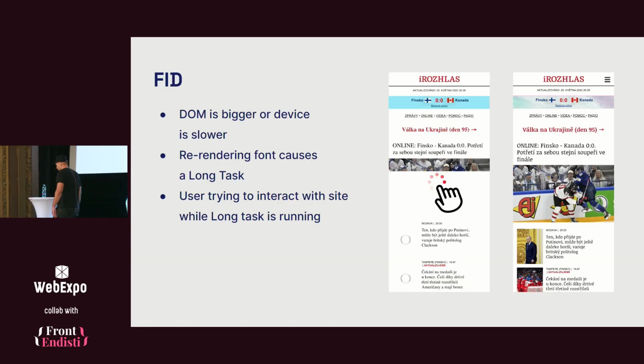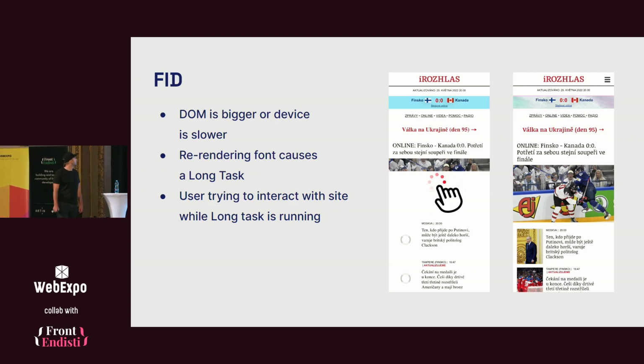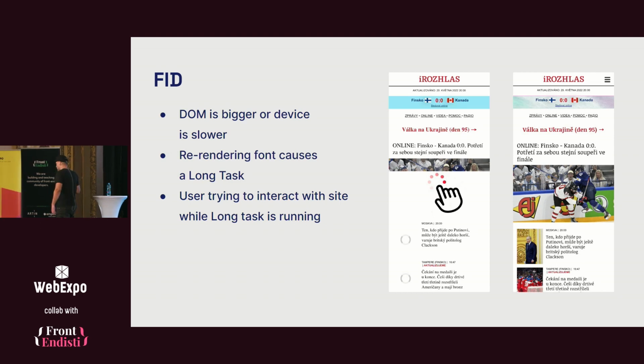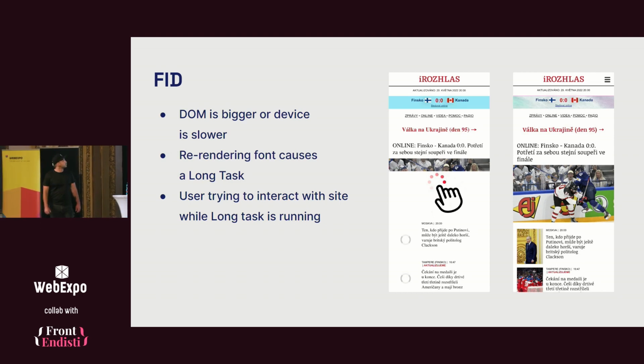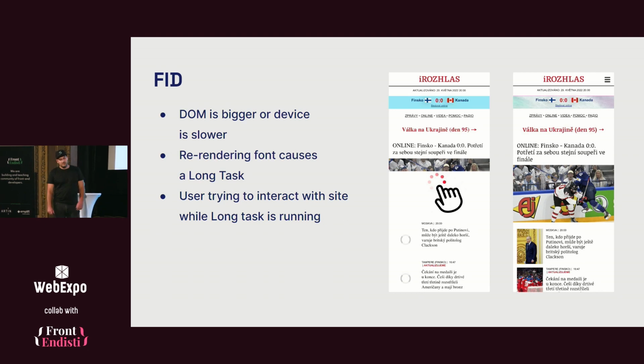First input delay is less common to ruin this metric because you must fulfill some conditions, but it will show you how font is connected to the page rendering. It's not only about some visual thing. So when your DOM is bigger or device is slower, or let's say normal, not some high-end, or in some combination of this, your font, when it's applied, can cause a long task.